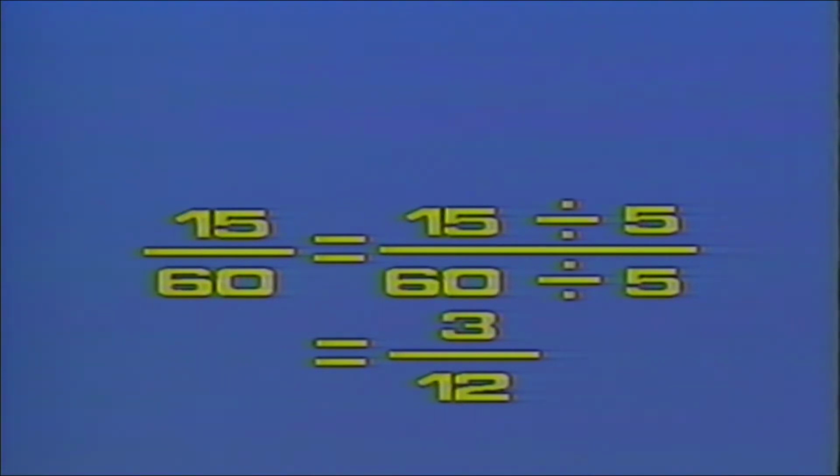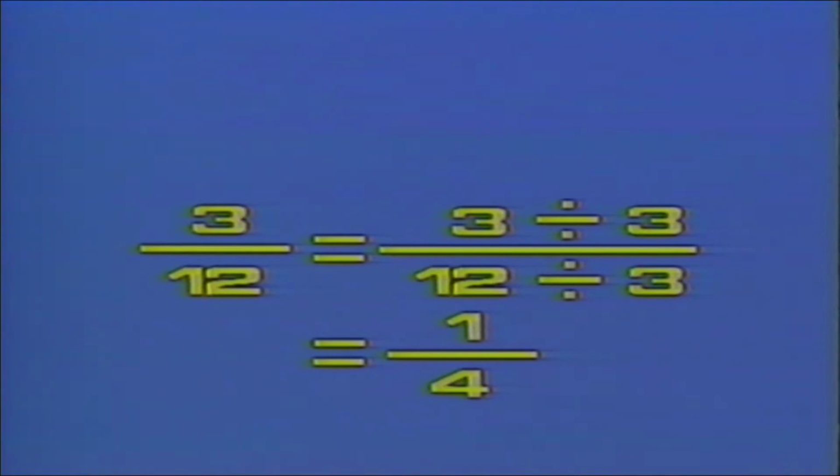But we're not finished. 3 and 12 have a common factor, 3. Divide numerator and denominator by 3, and the result is 1 over 4, or 1/4. No further reduction is possible. The only common factor of numerator and denominator is 1.